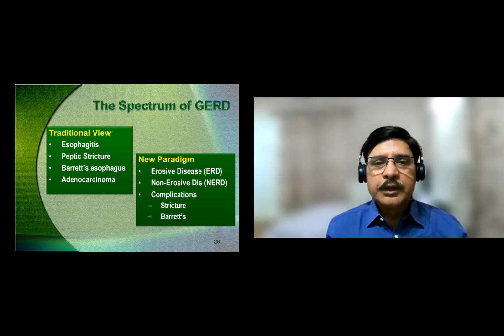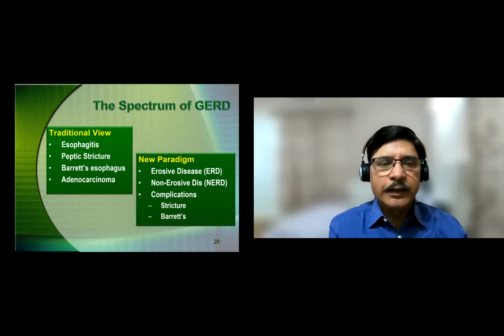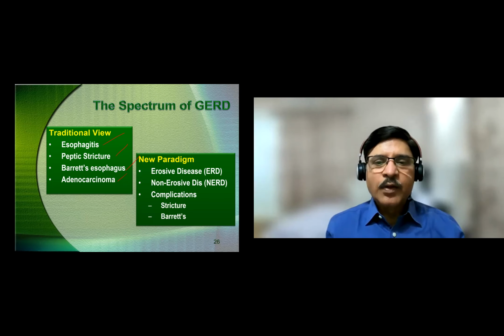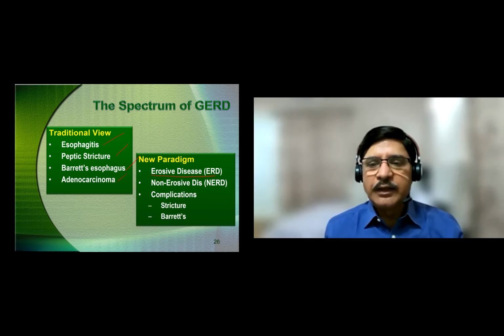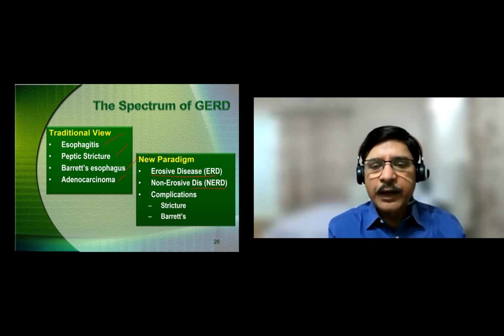Okay. The spectrum of GERD in earlier days used to be called esophagitis, peptic syndrome, Barrett's, adenocarcinoma. Now we don't classify them like that. The new paradigm is erosive reflux disease, called ERD. Where there is no erosion, it is non-erosive reflux disease, and then complicated reflux disease, stricture and Barrett.